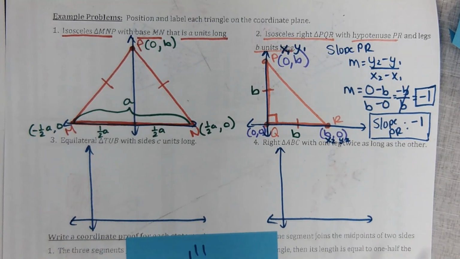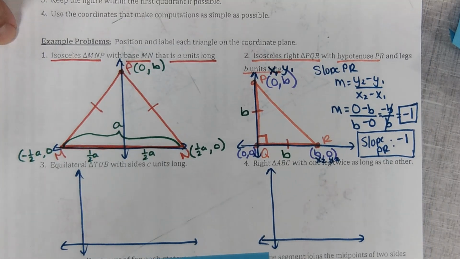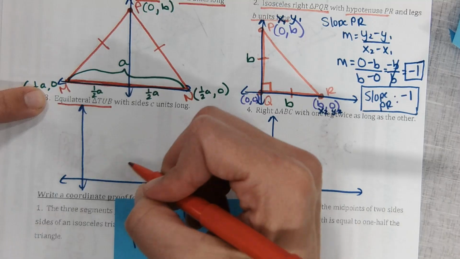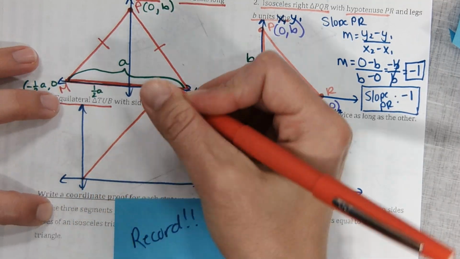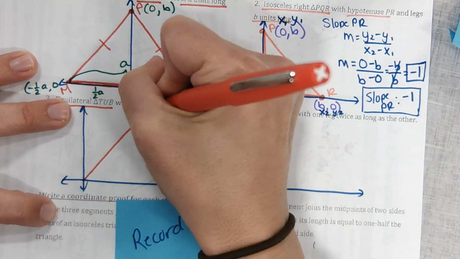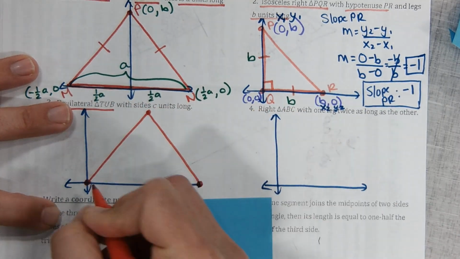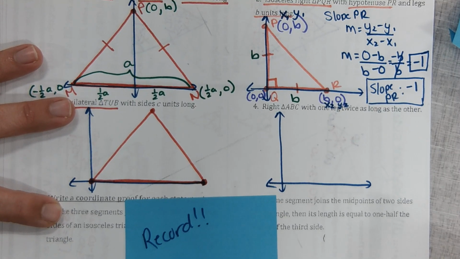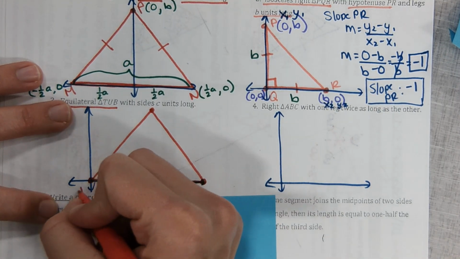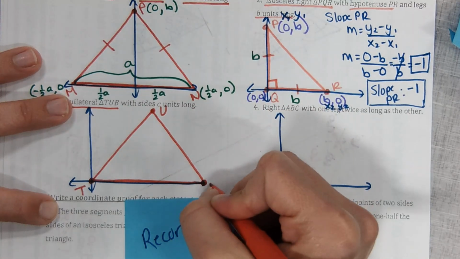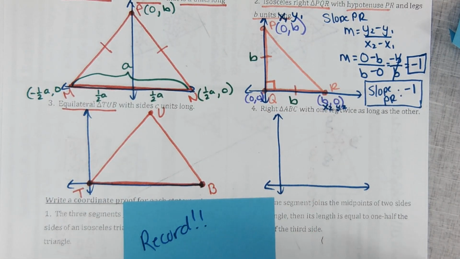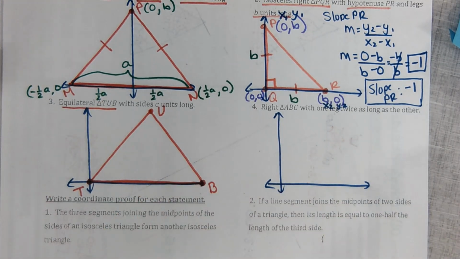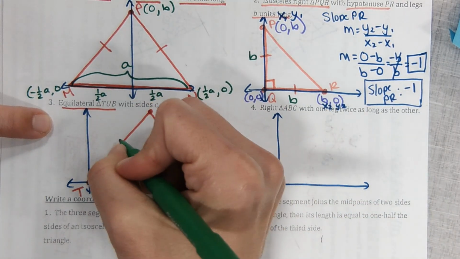Okay, then for number 3, it says equilateral triangle TUV with sides C units long. So we're going to draw an equilateral triangle. And we'll make this point T, U, V. Okay, so then trying to find the coordinates, it says the sides are C units long and it's equilateral.